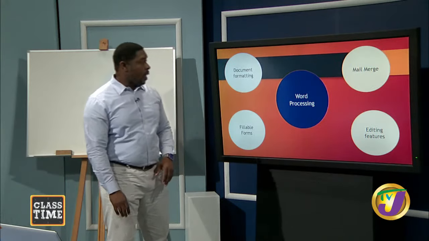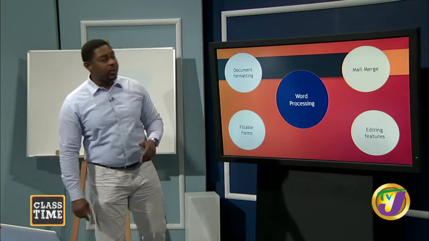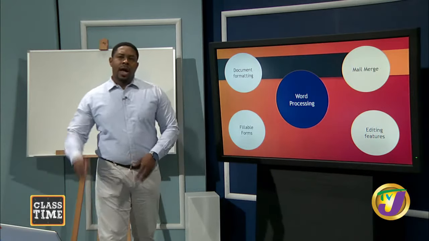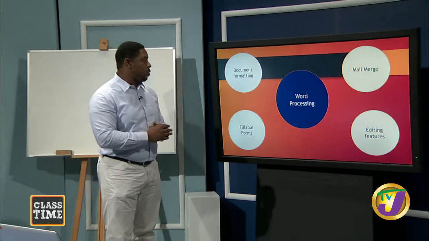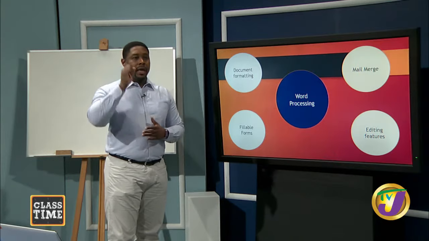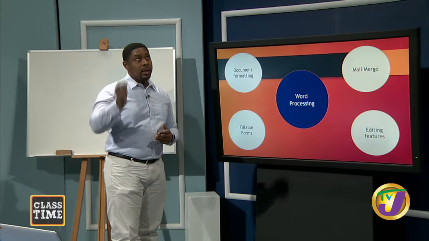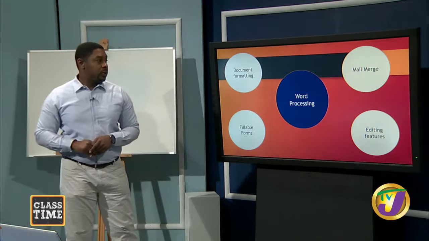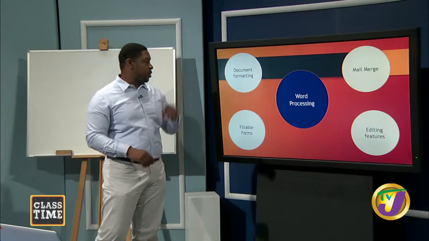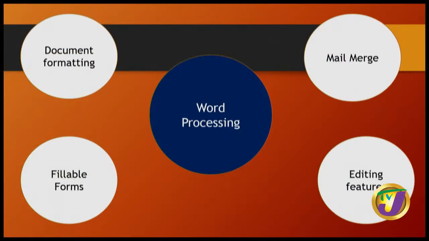Right? Then we have the software that we look at, word processing, and some of you should already know what this looks like, but there are two key features that you'll be focusing on, and that's mail merge and fillable forms. And we spoke about that earlier, having forms that you create in Microsoft Word that you can send over the web and people can fill out and do your business like that.